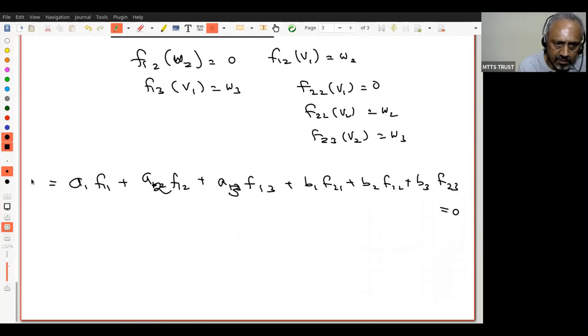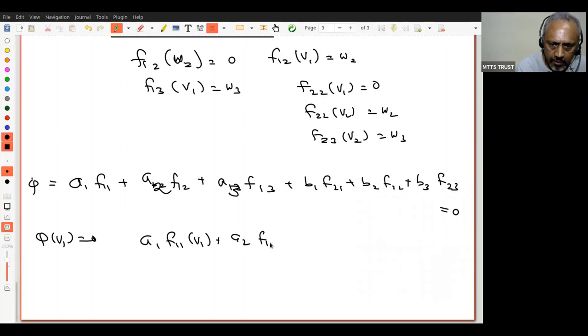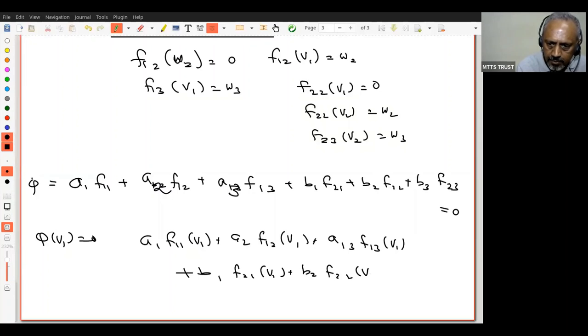Whatever it is, call it phi; this phi acting on v1 must be 0, because phi is identically 0. Therefore, on each and every basis vector, it must be 0. If I act this on v1, then I will have a1 f11 v1 plus a2 f12 v1 plus a3 f13 v1 plus b1 f21 v1 plus b2 f22 v1 plus b3 f23 v1.